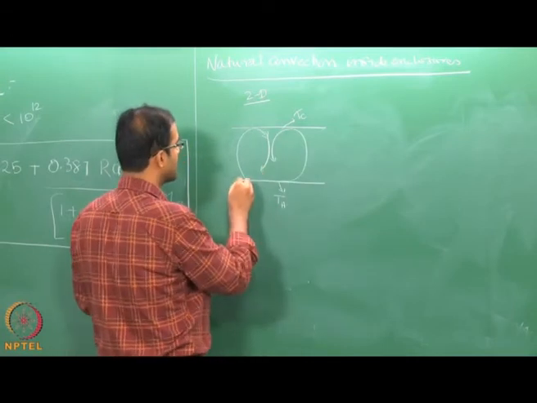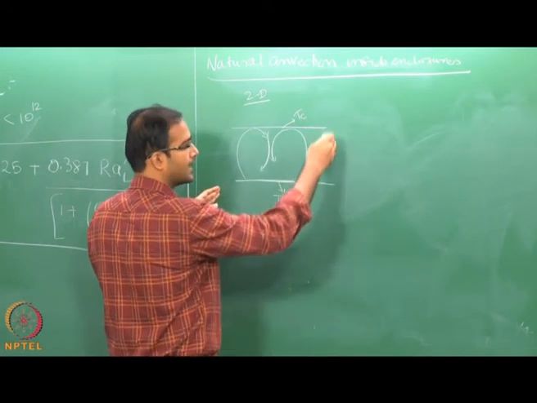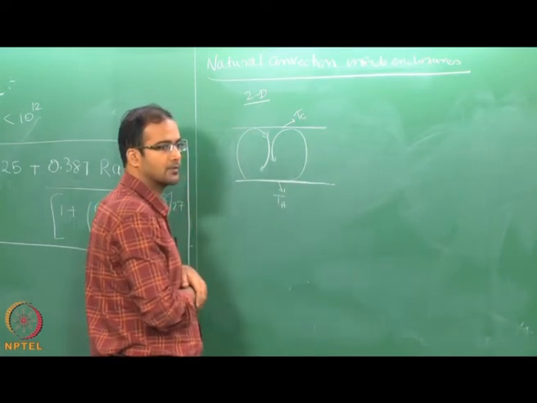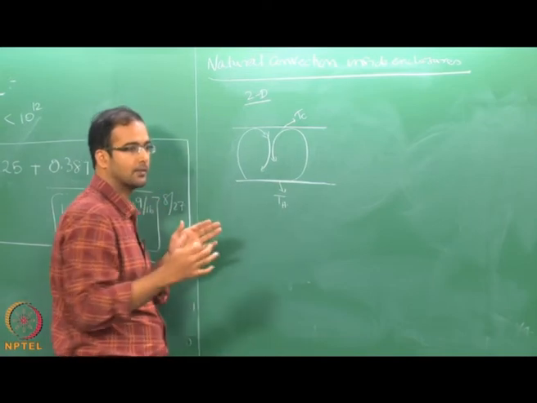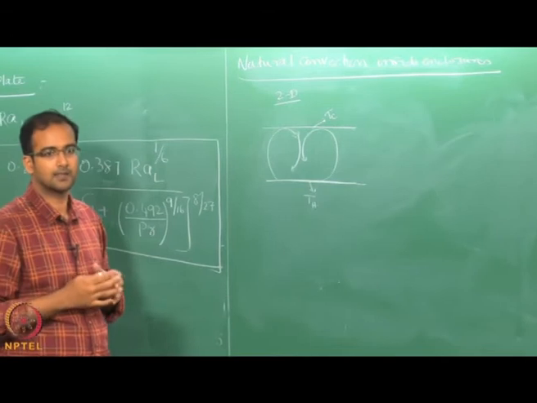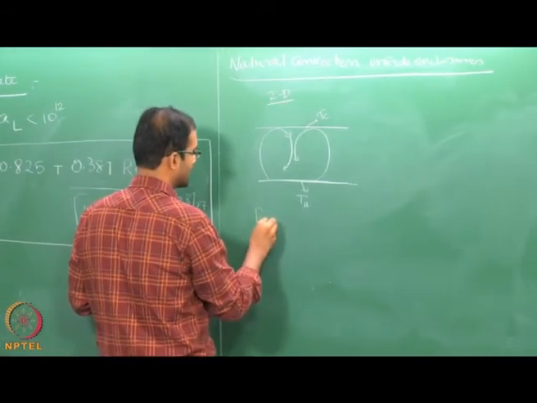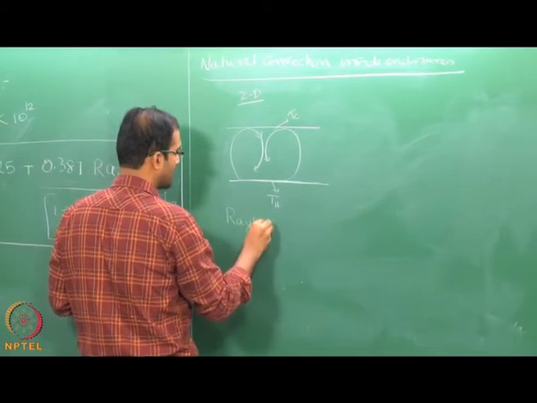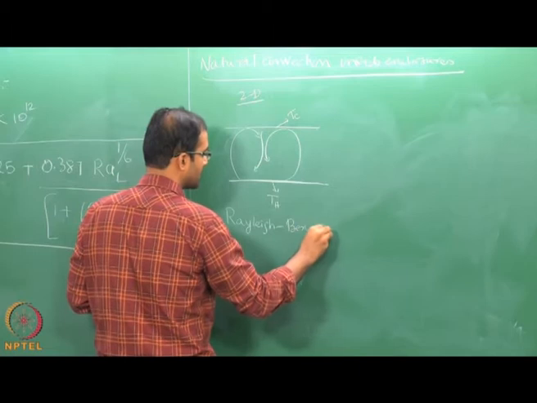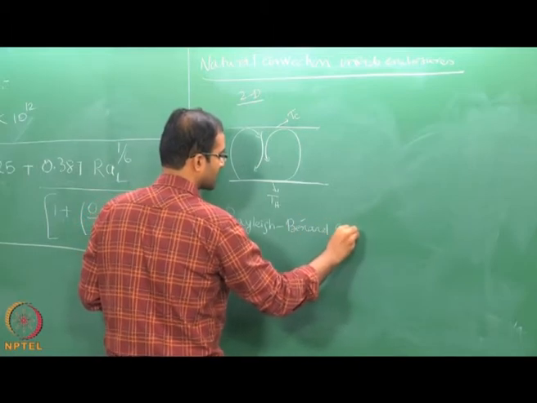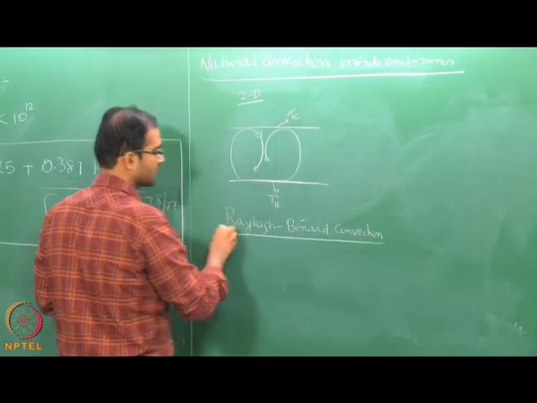Okay. So, depending on the length to height ratio, the aspect ratio of this configuration, you can have several of these vertical structures appearing. This kind of vertical structure is attributed to what is called Rayleigh-Benard convection.